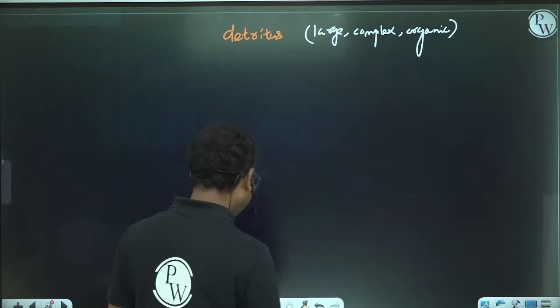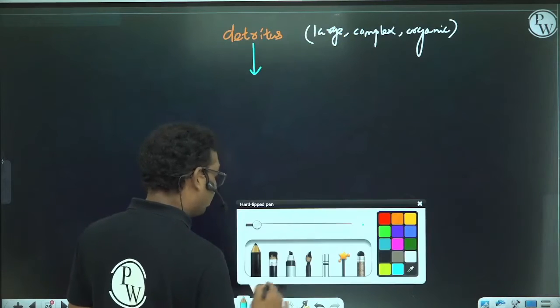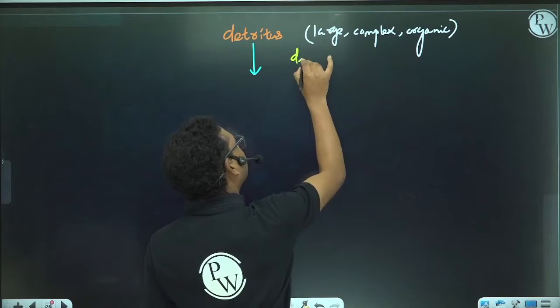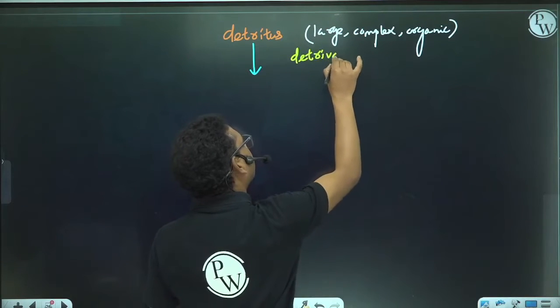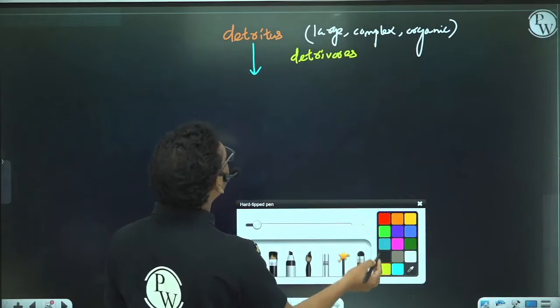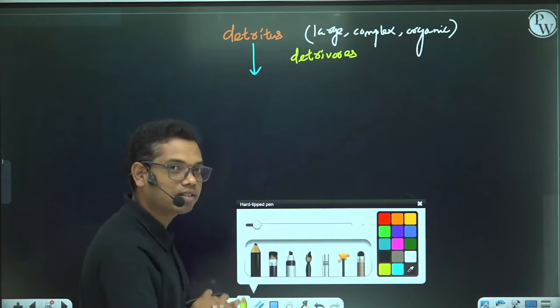This detritus will be acted upon by some organisms, and those organisms will obviously be called detrivores. The detrivores will cause the fragmentation of the detritus.